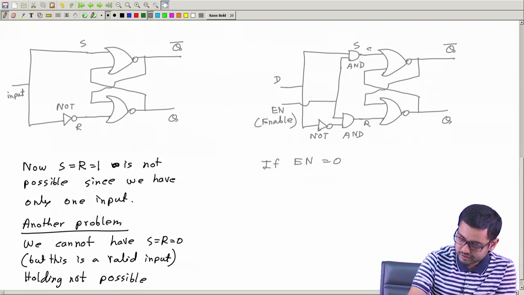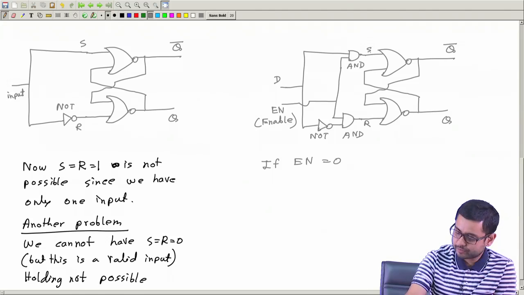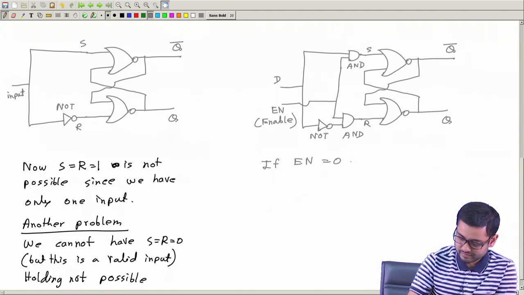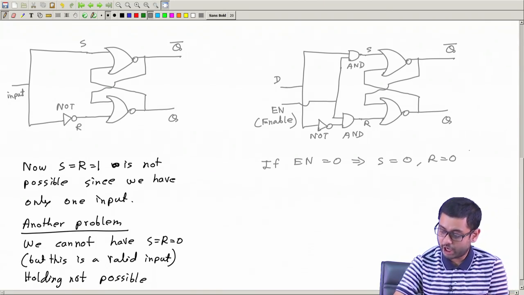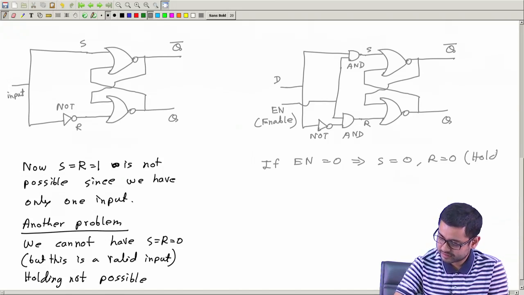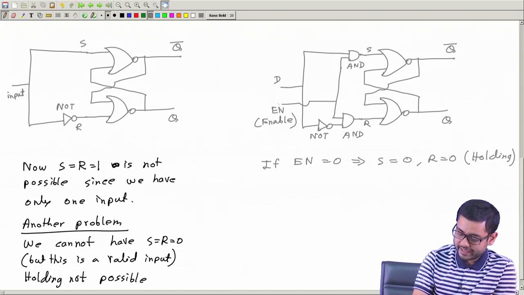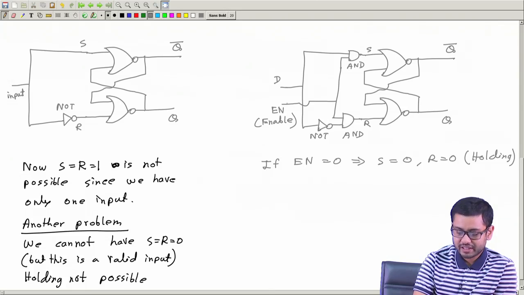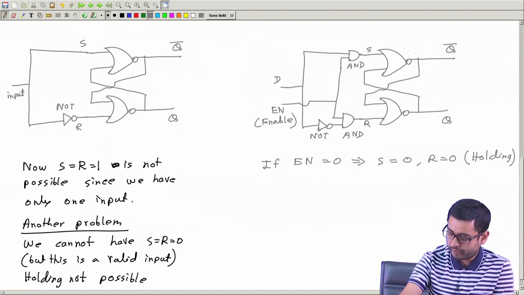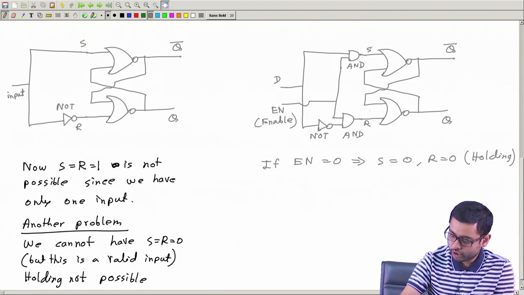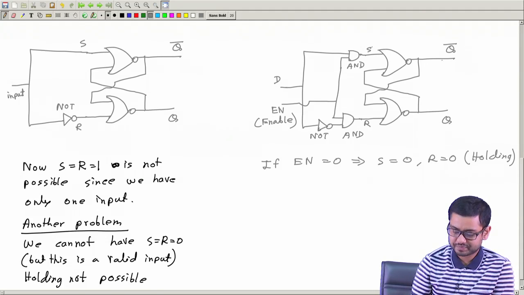Okay, so I will have 0 and 0 at both set and reset. So this is now the holding state. So if I make this equal to 0, now no matter what the value of D is, this SR flip flop will be in 0 0 input. That means it will hold the previous value of Q and Q bar.